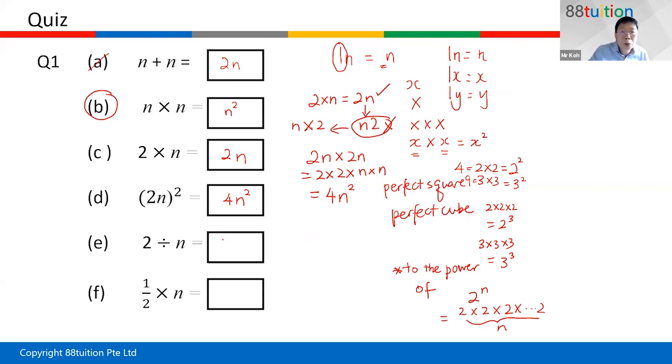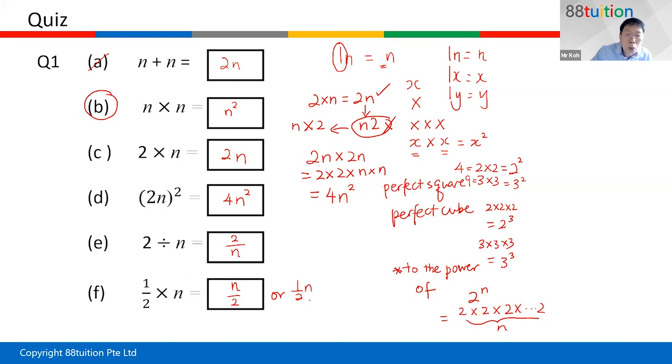Then we go on to 2 divided by n. A lot of you got it correct: 2 over n. Now half times n has two answers. One is the very normal n divided by 2, n over 2. Or you can write a half first and then the n, but this n is positioned towards the top.